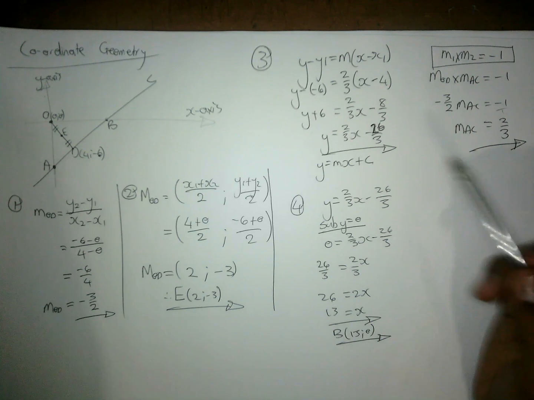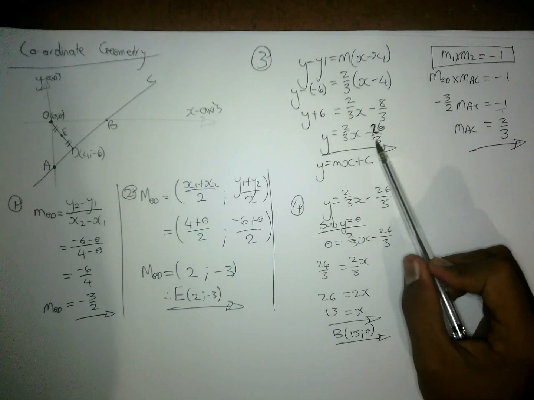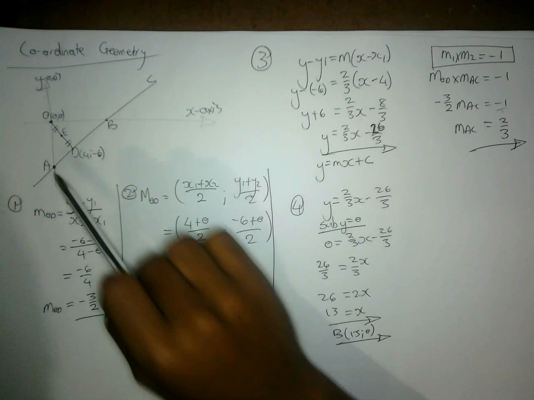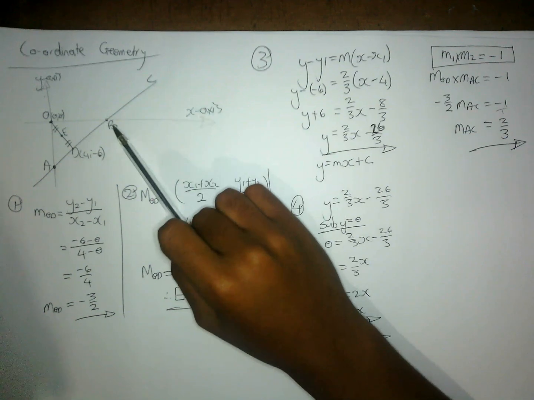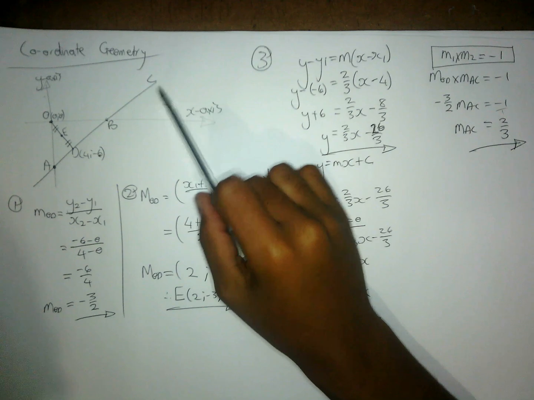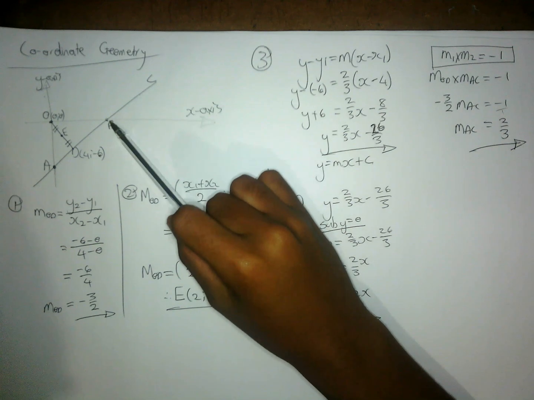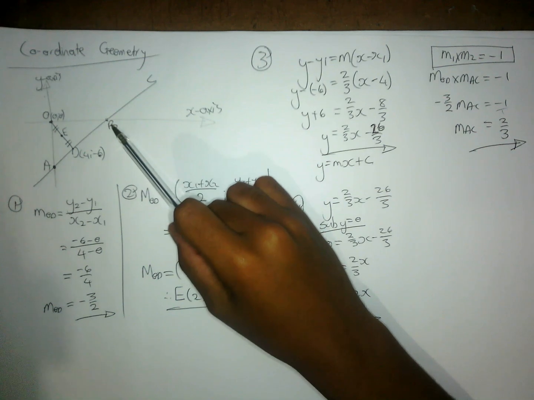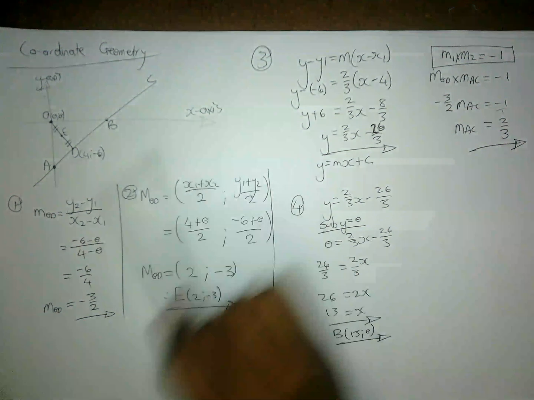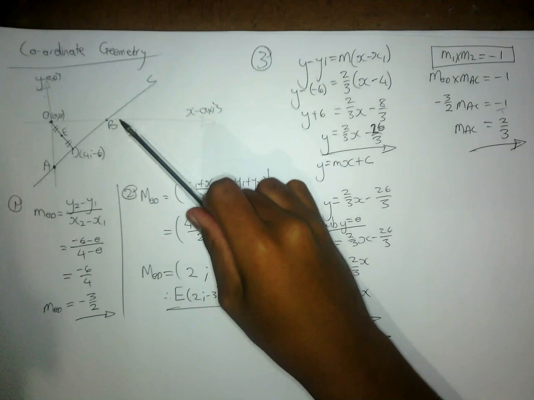Again, we determined the straight line formula for line AC, and AB falls in that straight line. So we know that on the x-axis, the y coordinate will always be 0. No matter where it's sitting on the x-axis, the y coordinate will always be 0.